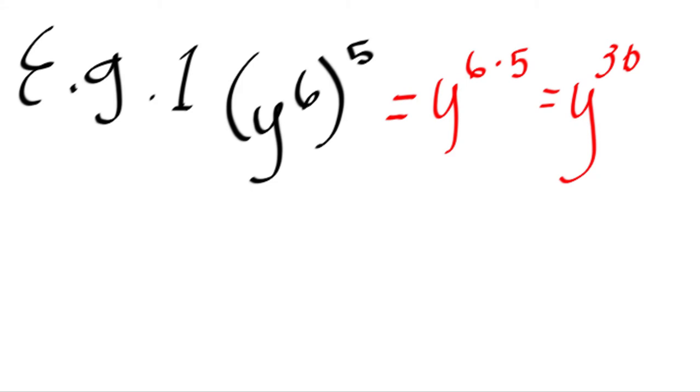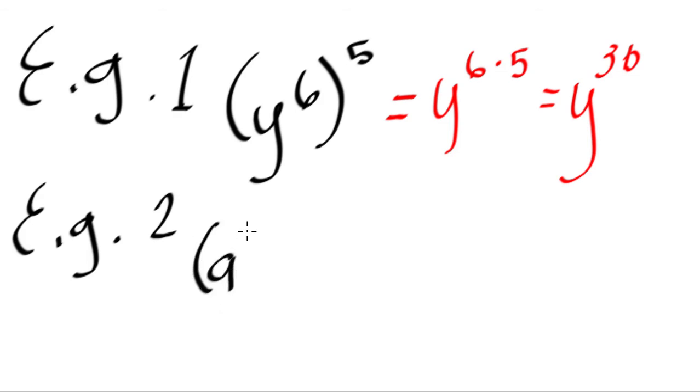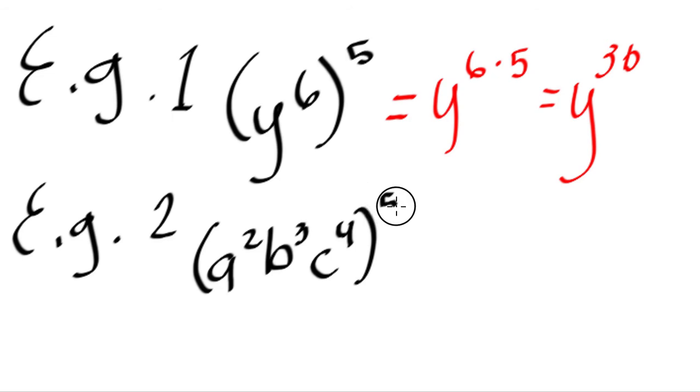Let's add one more example, shall we? Let's have example 2. Let's say example 2 gives us a squared b cubed c to the power of 4, all raised to 5.